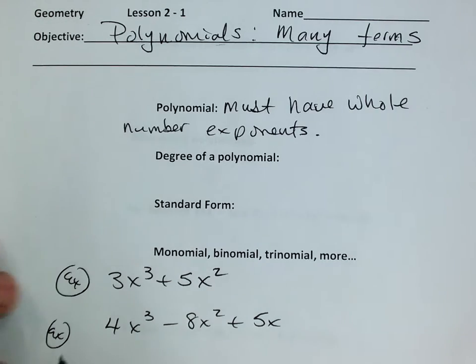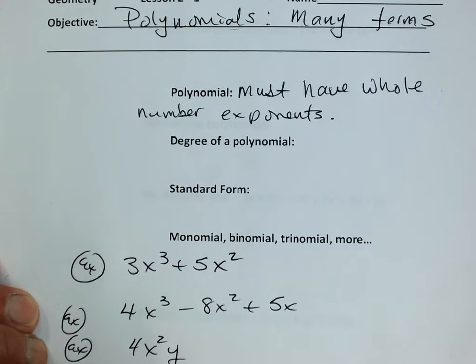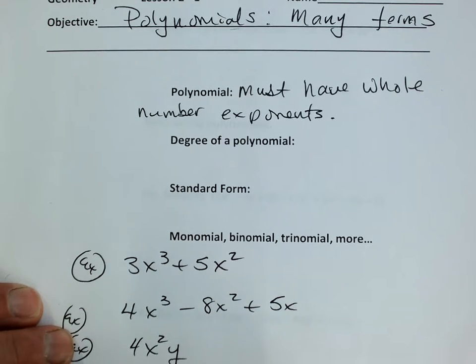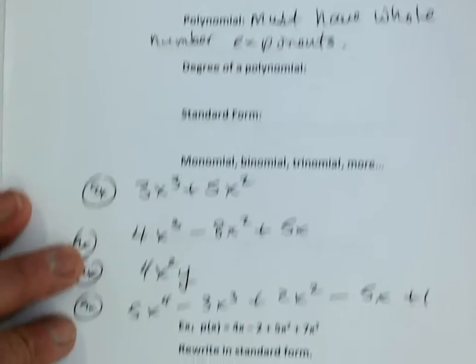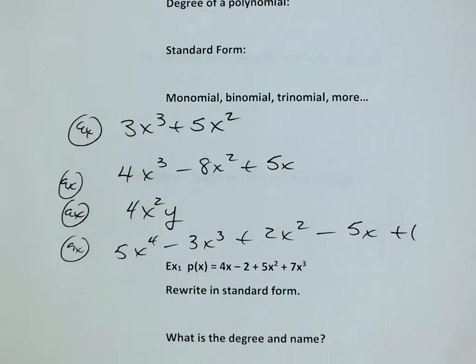That's a polynomial. How about 4x squared y? That's a polynomial. And even something as long as this: 5x to the fourth minus 3x cubed plus 2x squared minus 5x plus 1. That's a polynomial, many terms, okay?